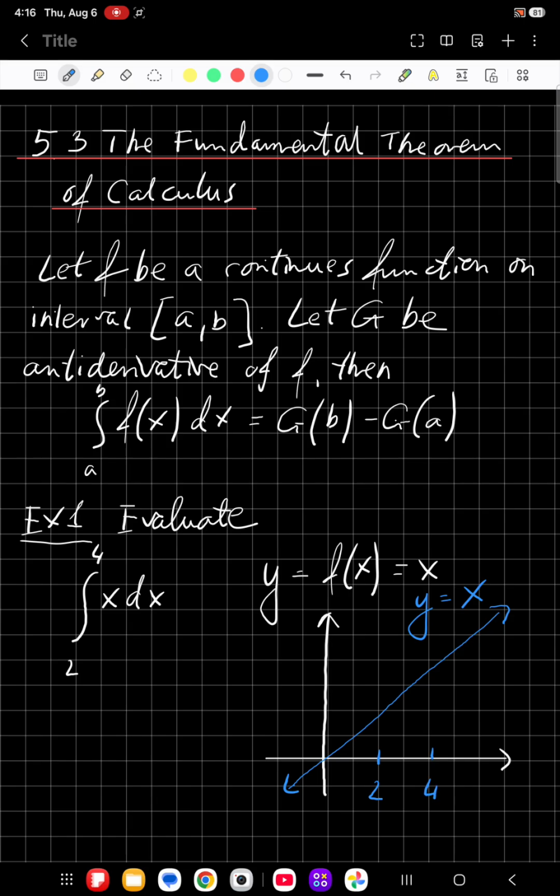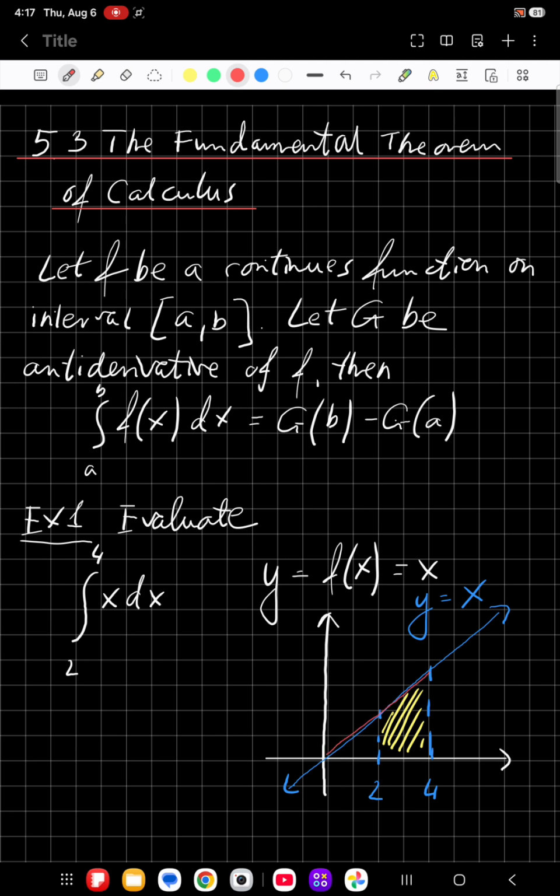Right, so what we need to do, we need to calculate this area. Right, so we could do it quite easily without calculus, right? And it wouldn't be too hard, because it's just a regular triangle. Let me draw the triangle.